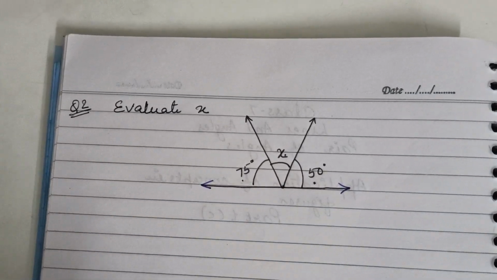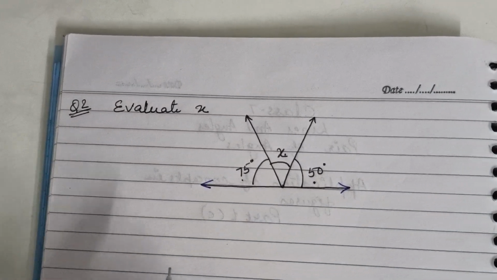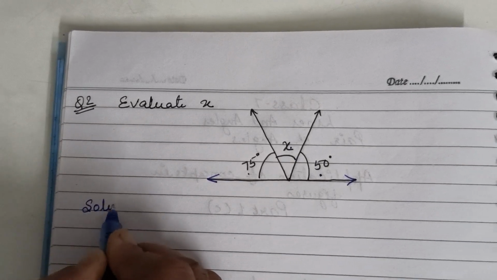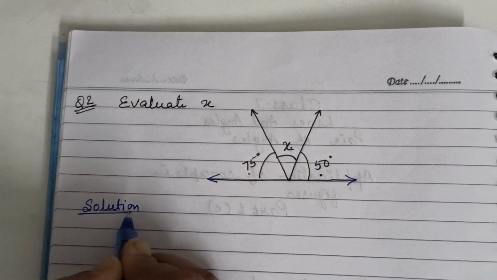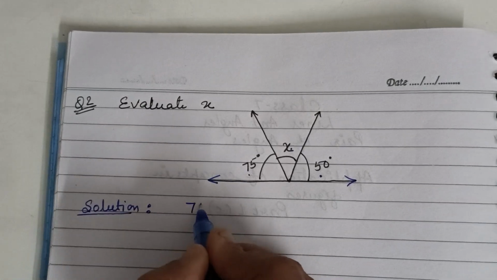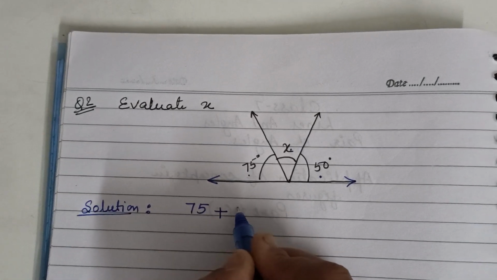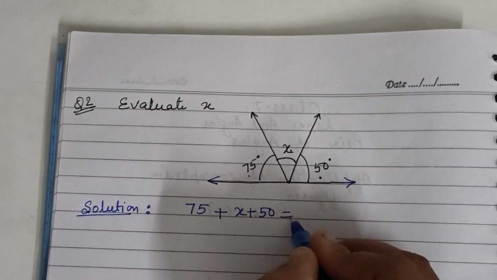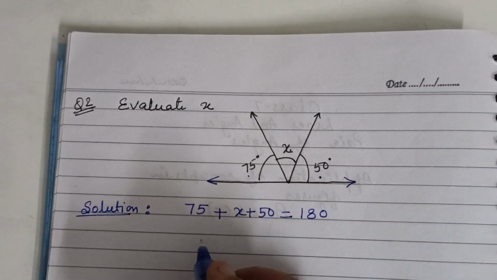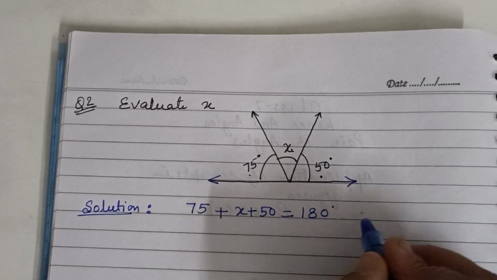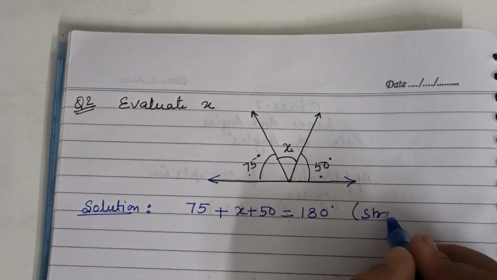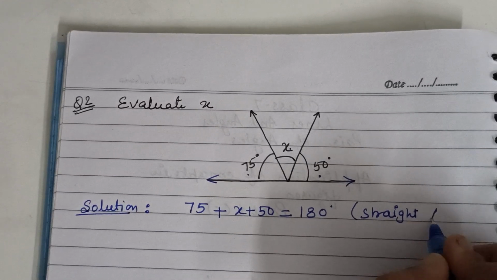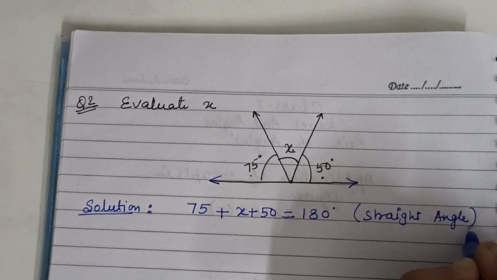But as there are three angles, they are not a linear pair. The reason for their sum to be 180 degrees is that they are forming the straight angle. So write down the sum of three angles equals 180 degrees. Reason is straight angle. Here you cannot write linear pair because in a linear pair there are only two angles.